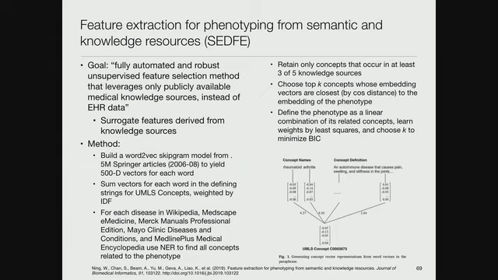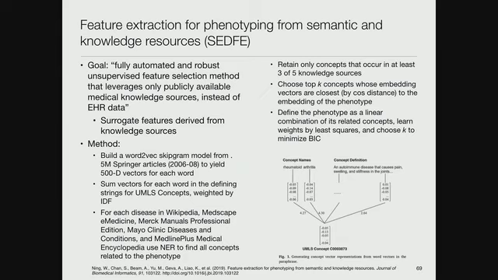Okay, so then they said, well, there's a lot of randomness in these sources and maybe in our extraction techniques, but if we insist that some concept appear in at least 3 of these 5 sources, then we can be pretty confident that it's a relevant concept. And so they said, okay, we'll do that. Then they chose the top K concepts whose embedding vectors are closest by cosine distance to the embedding of this phenotype that they've calculated. And they say, okay, the phenotype is going to be a linear combination of all these related concepts.